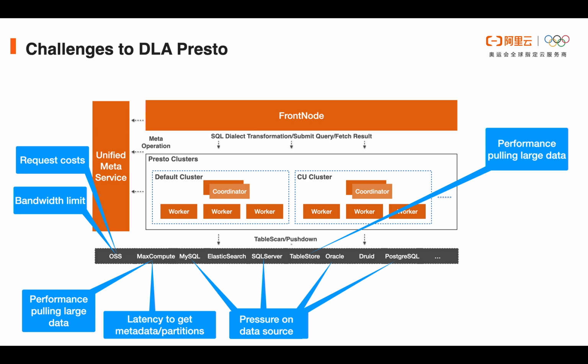For MaxCompute, we need to improve the performance because of the large data size and the network latency. And for MySQL Server, we need to reduce the pressure on the data source. And for Table Store, we also need to improve the performance.